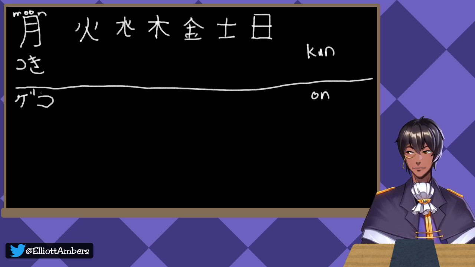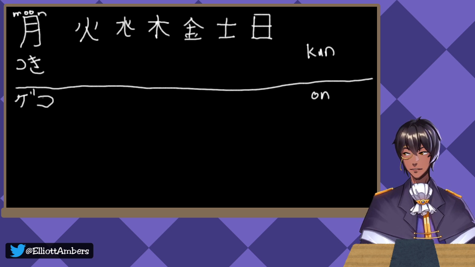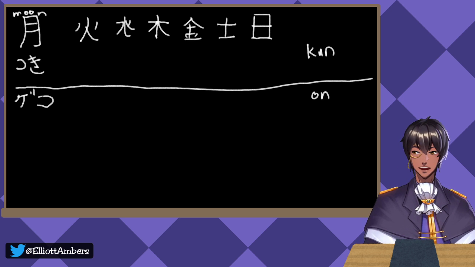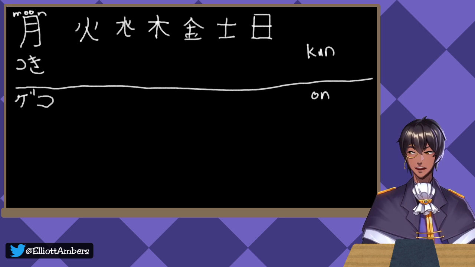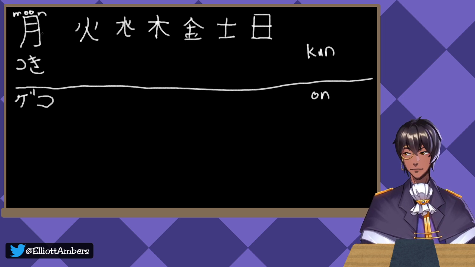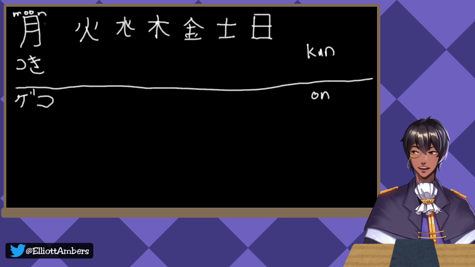While Getsu, if you think about it, the months in a year pass by in the same amount of time, pretty much, give or take a few days, as the cycle of the moon. So it makes sense that the word they use for moon also is the word for month.